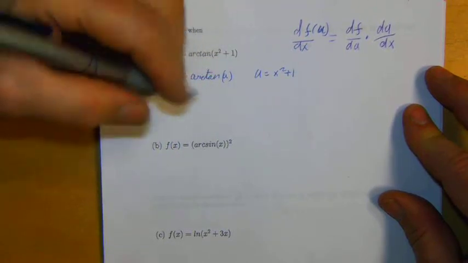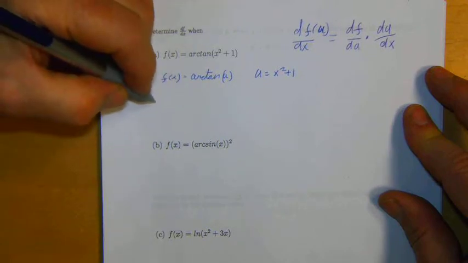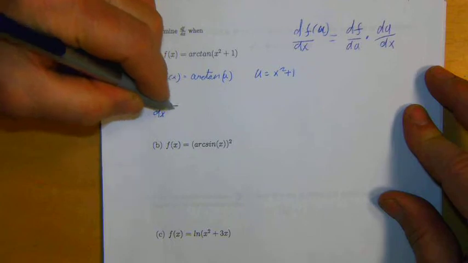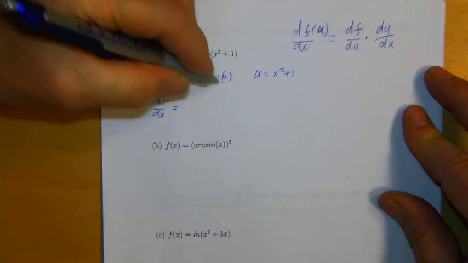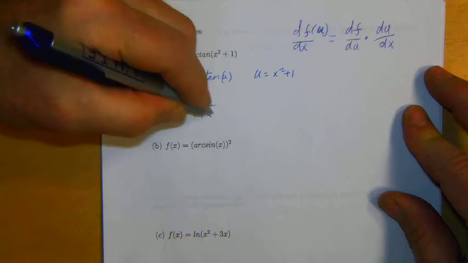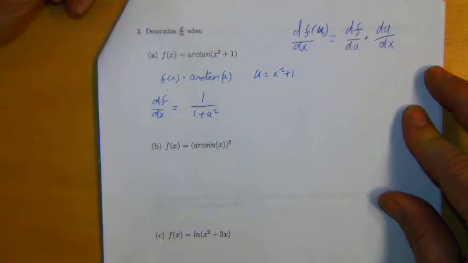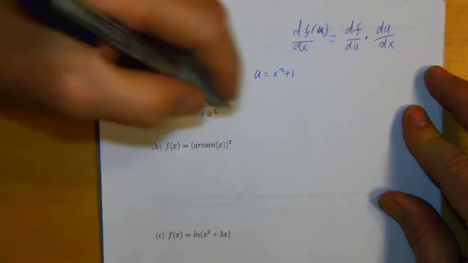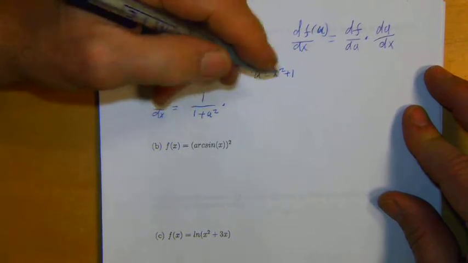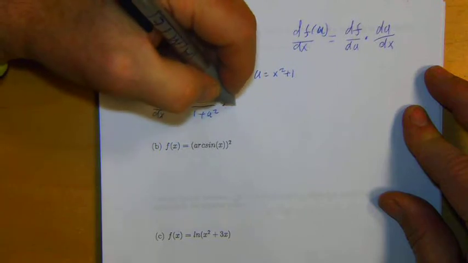Okay? So df dx is the derivative of arctan, so that's 1 over 1 plus u squared, right? Derivative of f with respect to u times the derivative of u with respect to x. The derivative of u with respect to x is 2x.